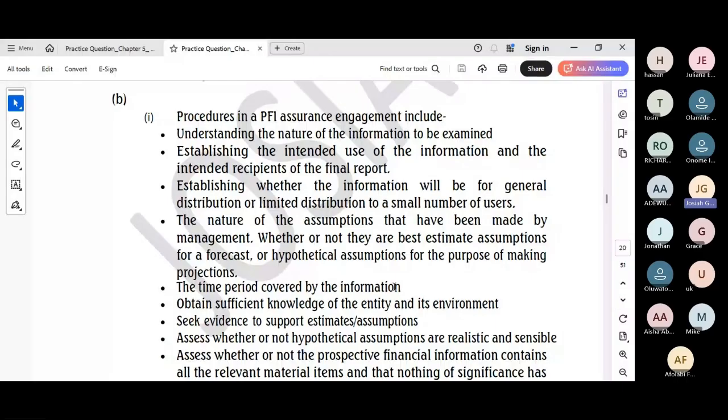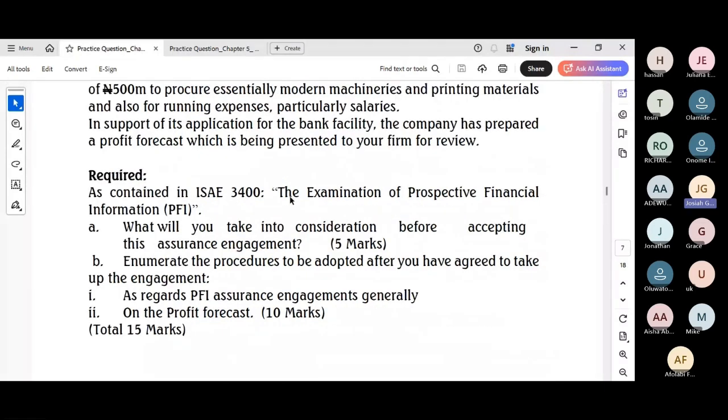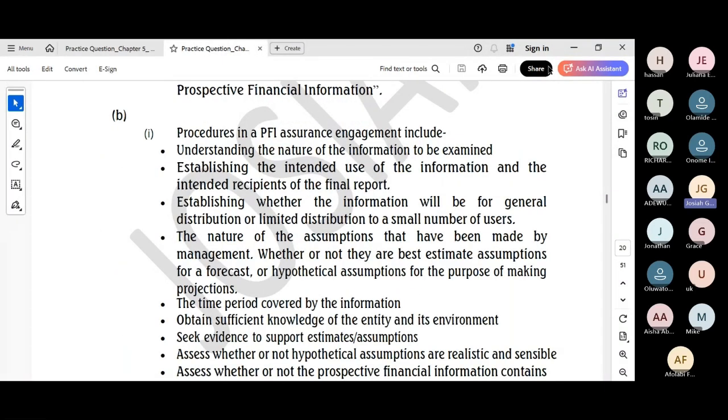In writing, this section requires a 2-part answer. It's a 2-part because we have number 1 and number 2. So part 1 is a general list of procedures for any PFI engagement, while part 2 focuses specifically on profit forecast. We'll be diving into that elaborately when we get to that chapter. So make sure to distinguish between the two.